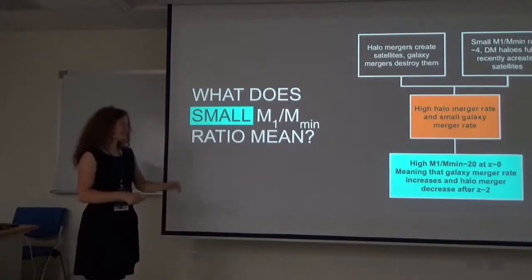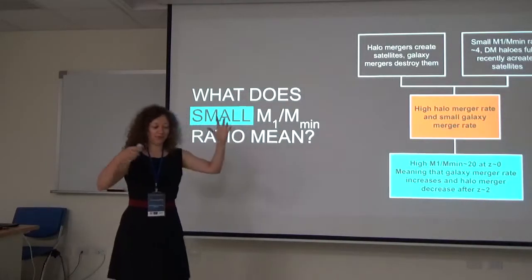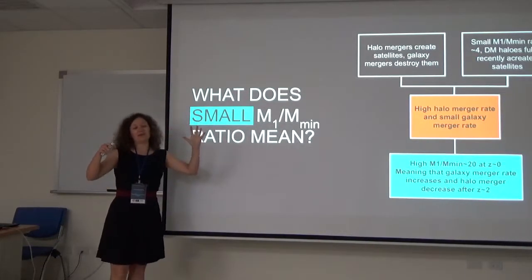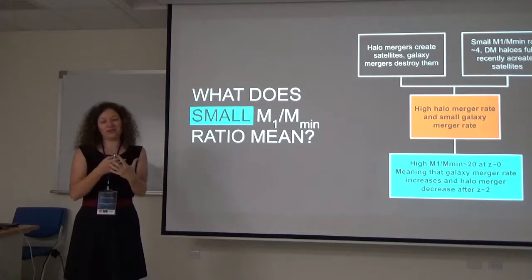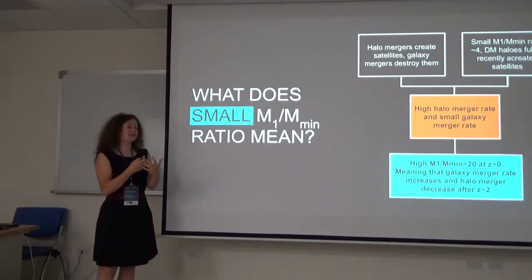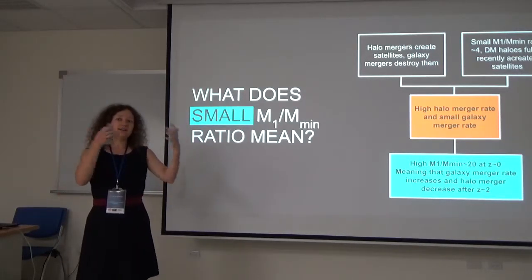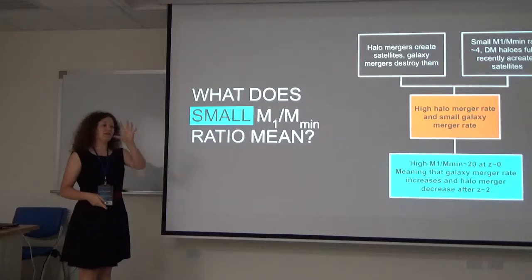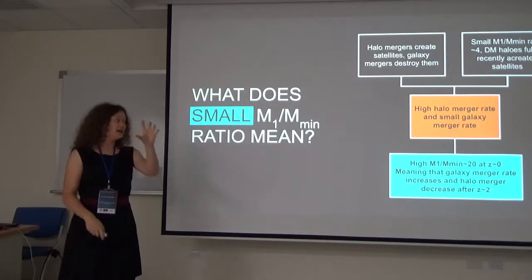Which means, and here I'm going to wave my hands a bit, that if halo mergers create the satellite galaxies, you have two separate halos which are merging, and afterwards we have one halo with the central galaxy and satellite galaxies.